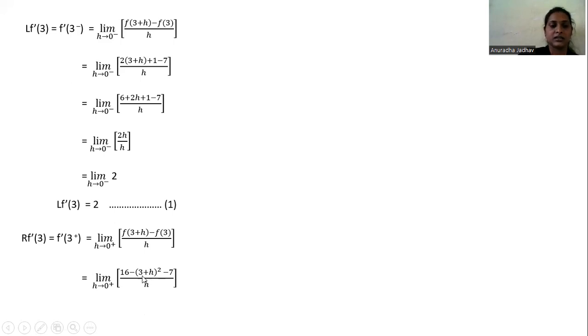Therefore, write down here 3 plus h bracket square. The value of f of 3 is 7, divided by h. Simplify this expansion. 16 minus 9 minus 6h minus h square minus 7 divided by h. Firstly, expand this bracket and then multiply by the minus sign. Then after that we get 16 minus 9 minus 6h minus h square minus 7.